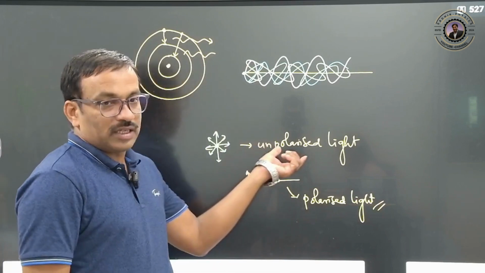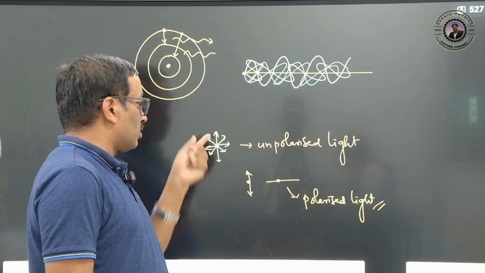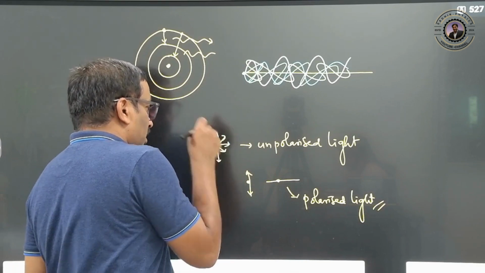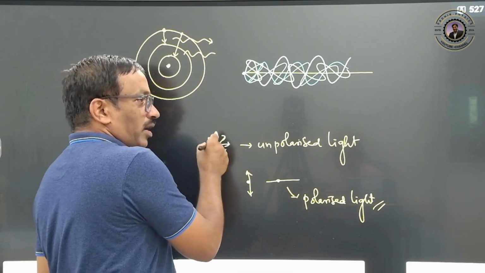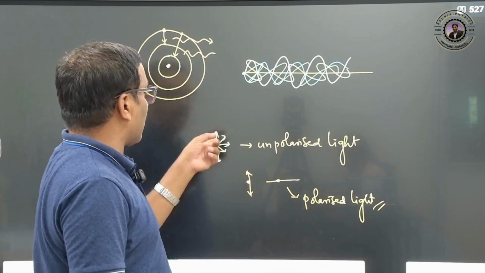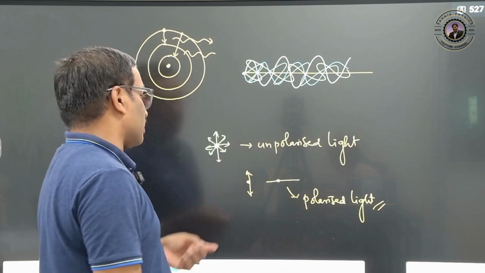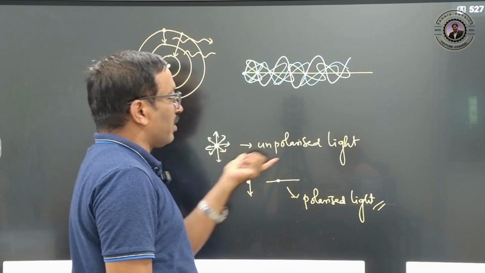Unpolarized light has almost all possible directions of oscillation. This dot is a perpendicular, and this is the direction of your electromagnetic wave in all directions. The electric field vectors have perpendicular oscillations, so it is called unpolarized light.